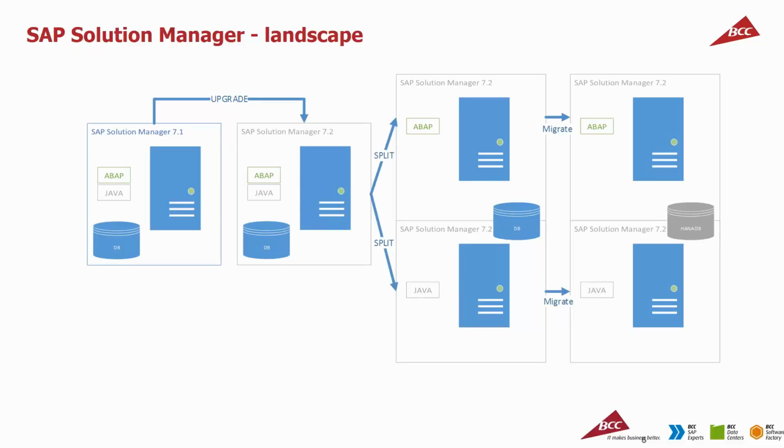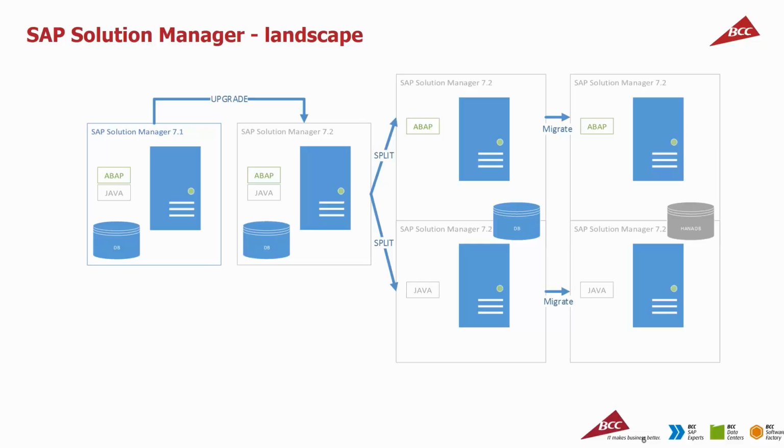And if you want to install a new SAP Solution Manager or just prepare an upgrade, here's the path you will go through with the installation. Let's say you currently have an SAP Solution Manager 7.1 that's a dual stack with a single instance and DB, actually any kind of DB on it except HANA.